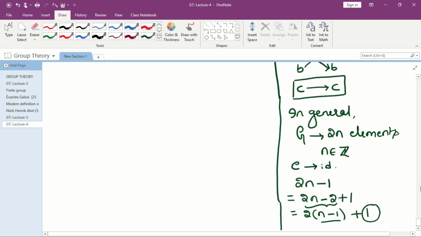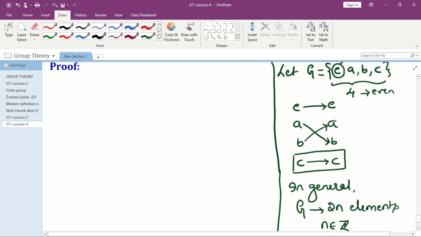In this example, I have one pair of elements, that is A and B. The inverse of A is B and the inverse of B is A. Therefore, one element remains whose inverse is itself.